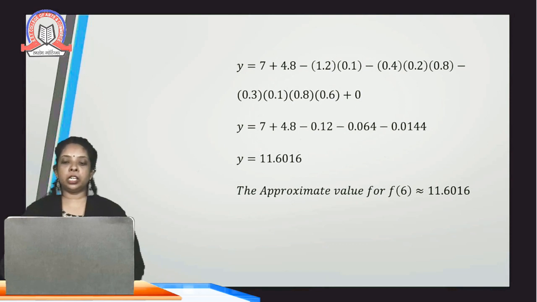Finalizing this multiplication once again, we get the final answer y is equal to 11.6016, that is f of 6 is approximately equal to 11.6016, because these are all approximation methods which will not most probably give you the exact value, but we can reach the nearest value by using them.